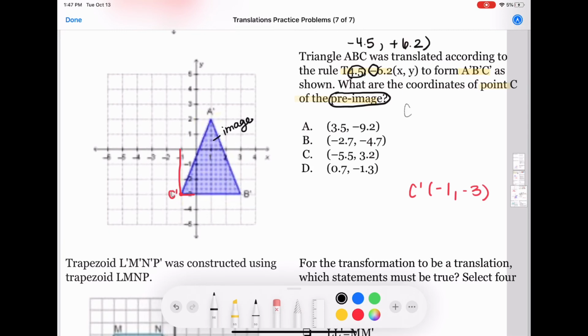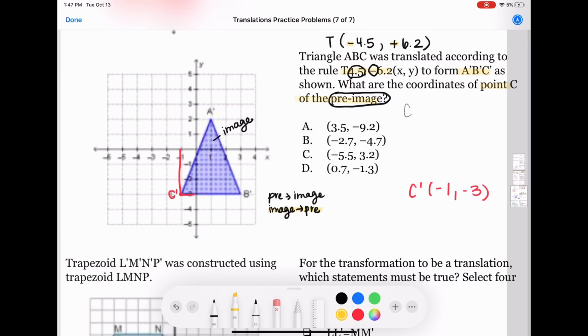Remember that the opposite of adding is subtracting, and the opposite of subtracting is adding. The reason that we would do the opposite is once again because instead of going from the pre-image to the image, we are instead going from the image to the pre-image.